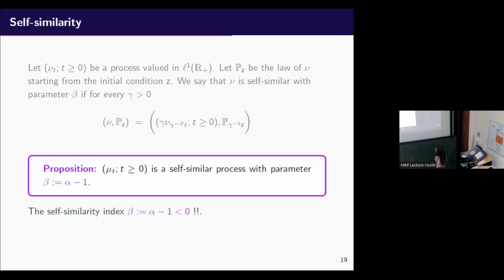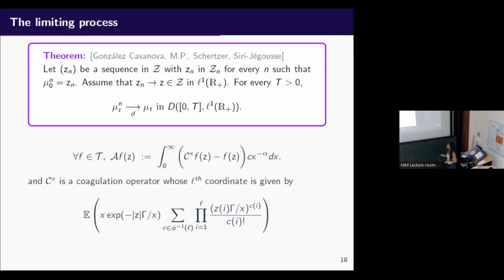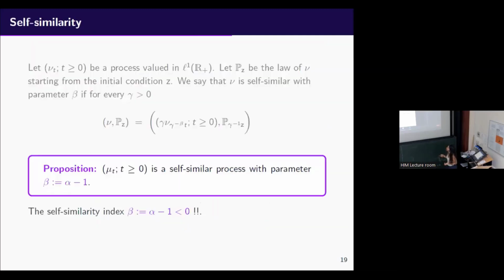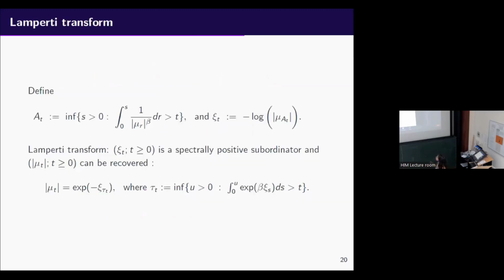Okay, so first, this process mu t has a quite ugly generator, but you can prove that it is a self-similar process. Okay, so it's self-similar with some index beta, which is equal to alpha minus 1. So it's self-similar with negative index. And using this self-similarity, we can take the Lamperti transform of the block counting process.